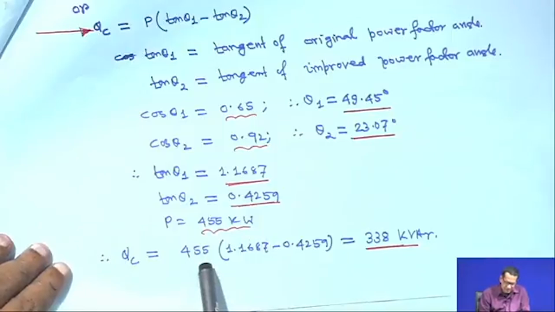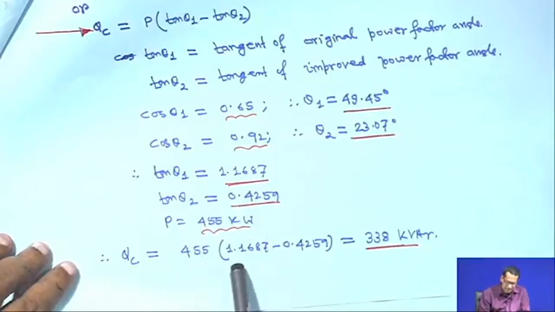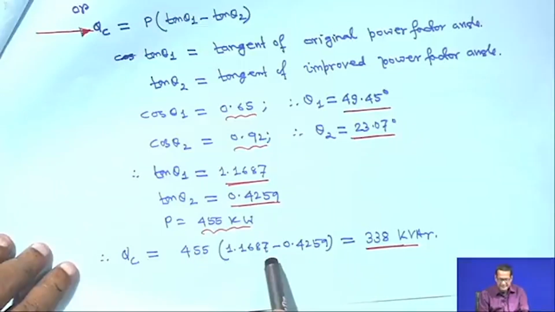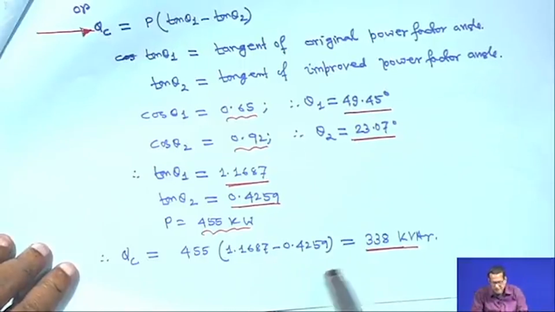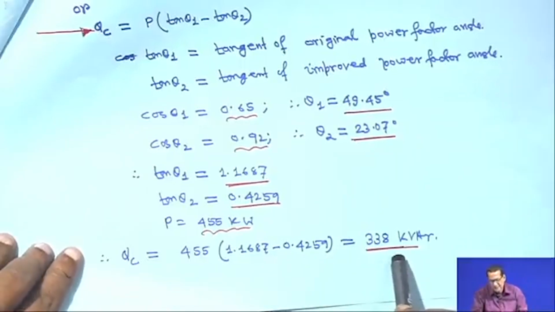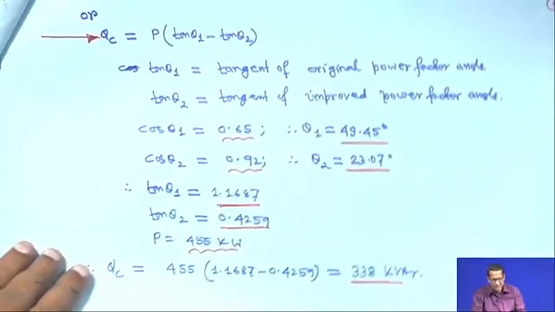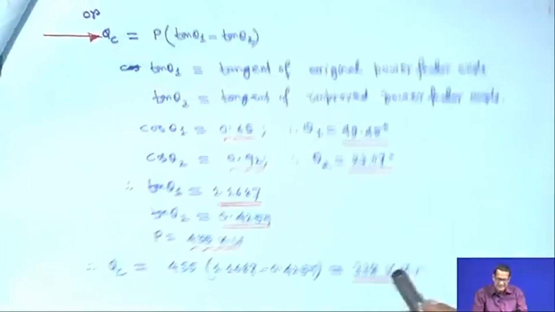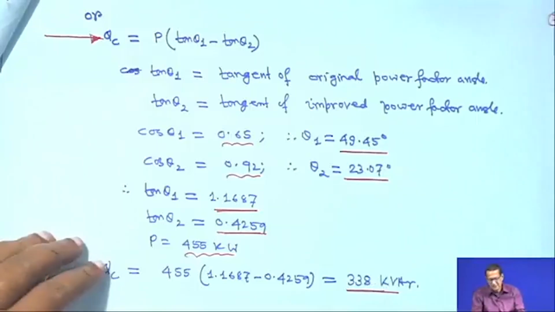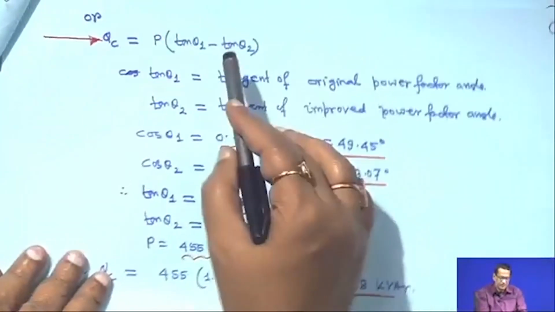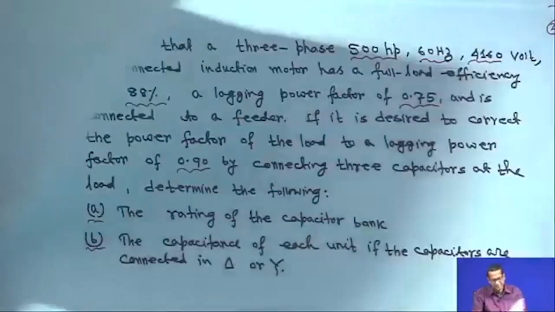So, QC is equal to 450 into 1.1687 minus 0.4259, which is 338 kilowatt, same as we got earlier, right. So, this is the way you can calculate QC, but the nearest size is 350, that is why we have used 350. This is another way of computing QC.